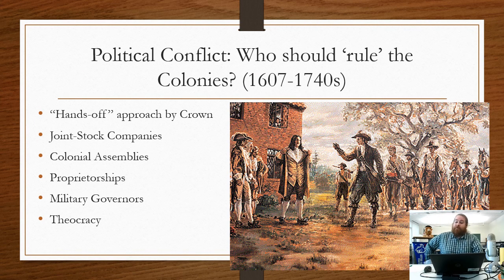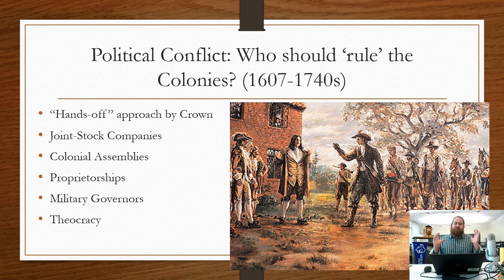Another big problem is the question of who should rule the colonies. For over 100 years, from 1607 to the 1740s, every colony had a different government. 13 different governments, 13 different colonies, and the British government didn't really care. Some of these colonies were run by companies, like joint stock companies. Others were run by democratic assemblies. Others were run by one person who owned it.